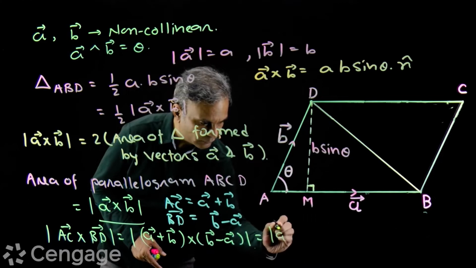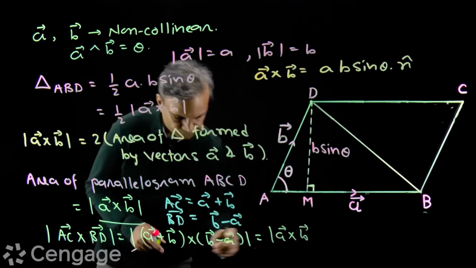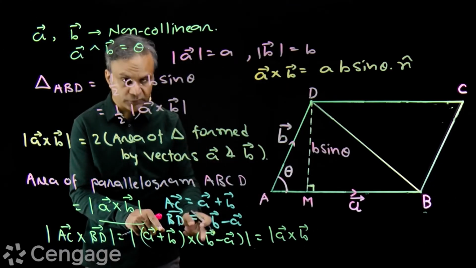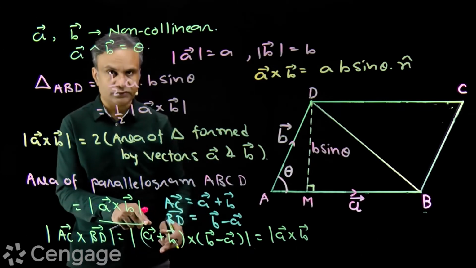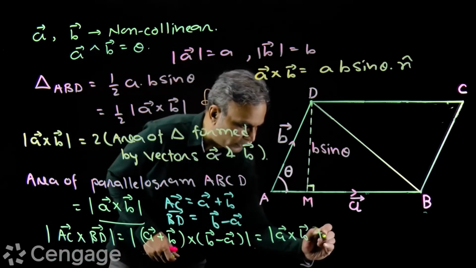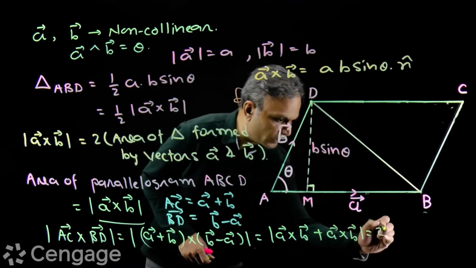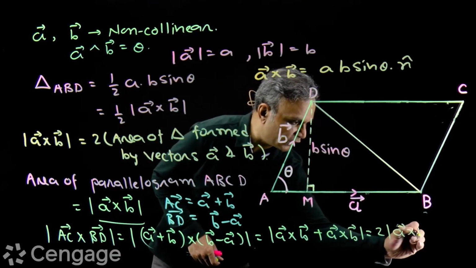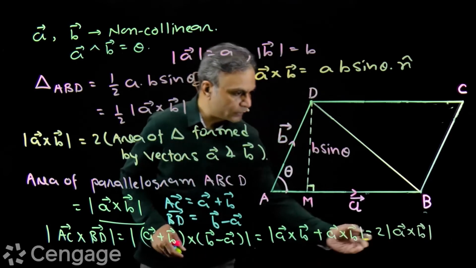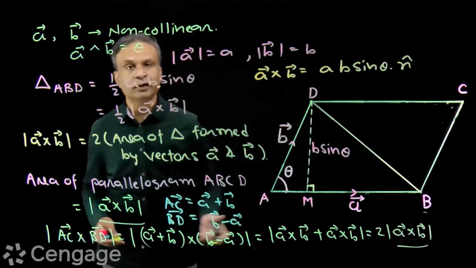So we have A cross B plus B cross B, which is 0, minus B cross A, and minus B cross A is A cross B. So this is twice modulus of A cross B, and modulus of A cross B is the area of parallelogram ABCD.